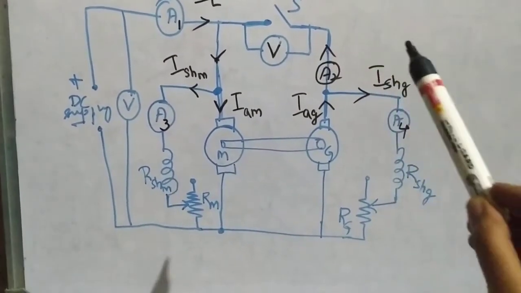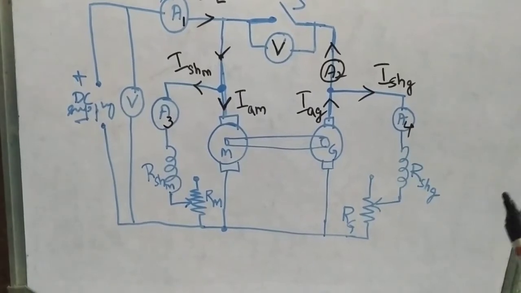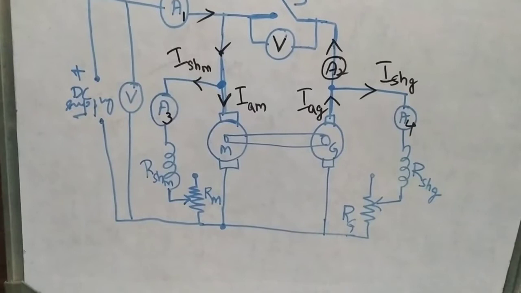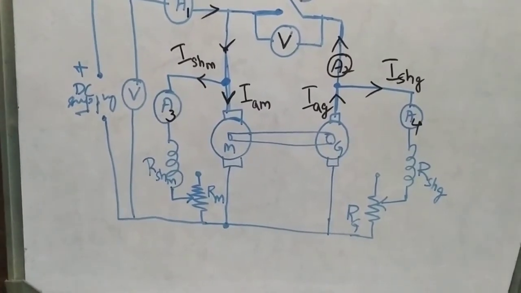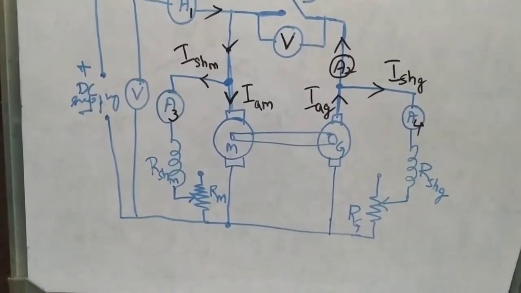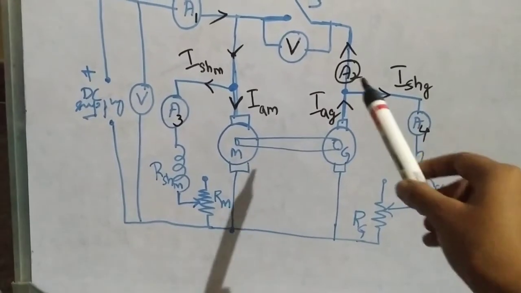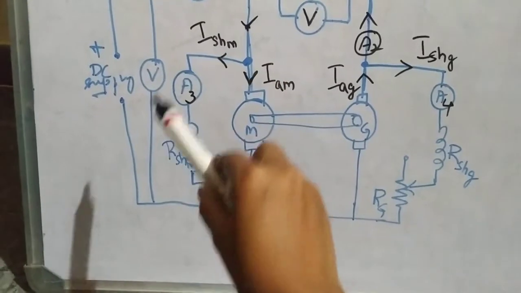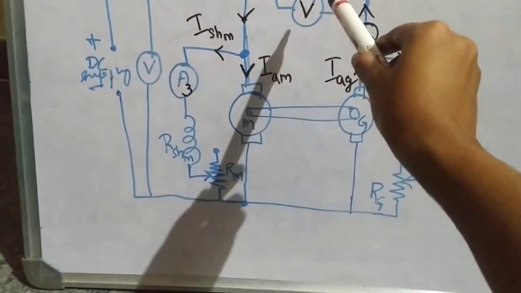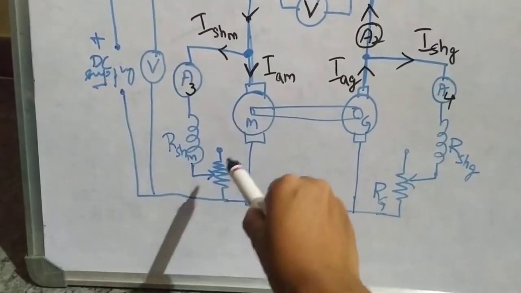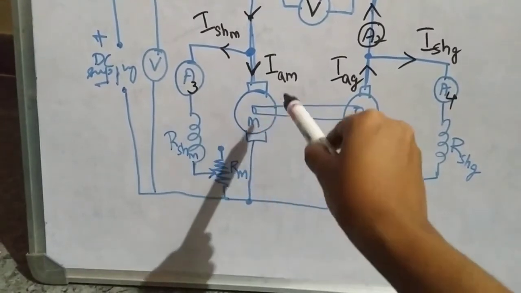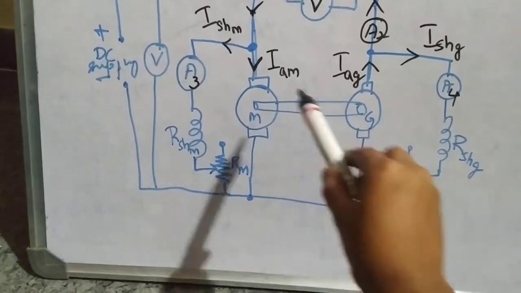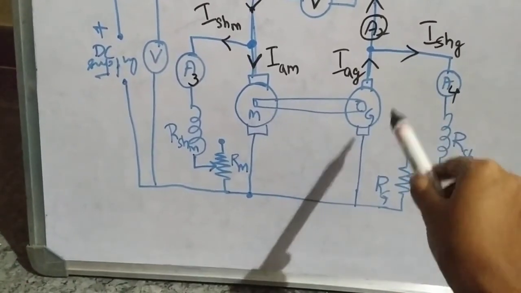Once you see that the voltage across the generator is adjusted by its field rheostat so that the voltmeter reads 0: initially when you give a supply, the switch is open and we will adjust this rheostat so that the motor will run at rated speed, and the motor is going to drive the generator.